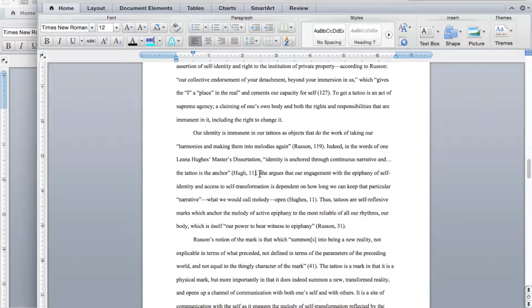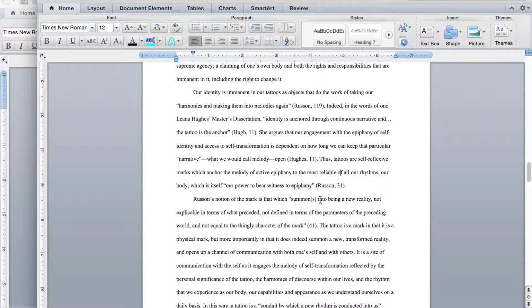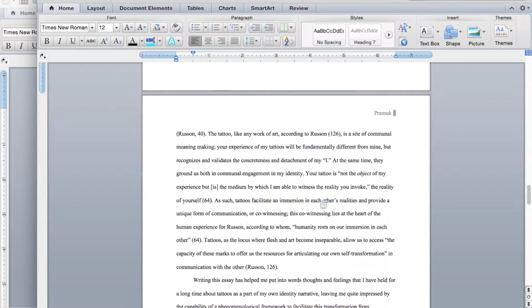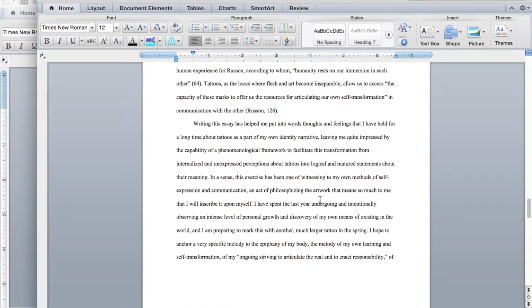I instead paraphrase her main point and then transform it into the language that Russin uses and the language that we've been using in class. This is a useful skill to better convey textual evidence and demonstrate a deep engagement with another text.